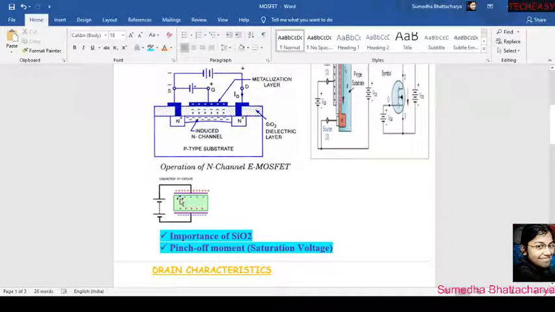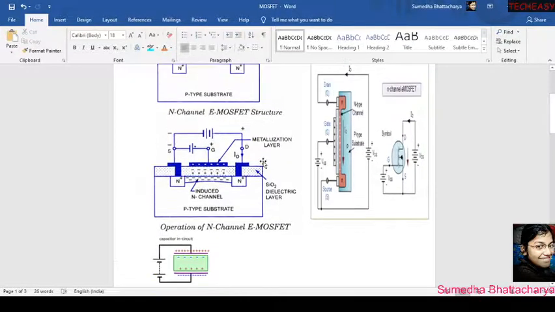The capacitance of the capacitor will increase. So it will accumulate more and more charges inside the capacitor. The same case is here. Because of the dielectric behavior, more and more charges are accumulated here, you can see that.